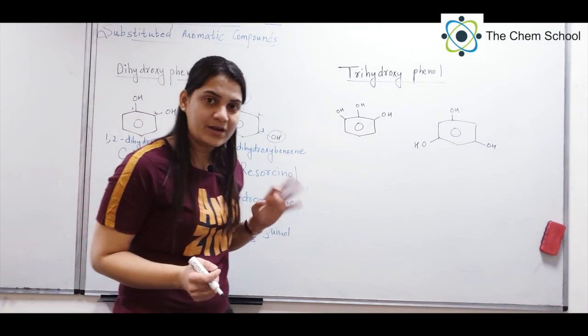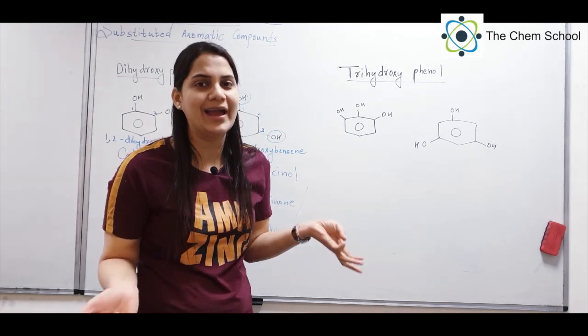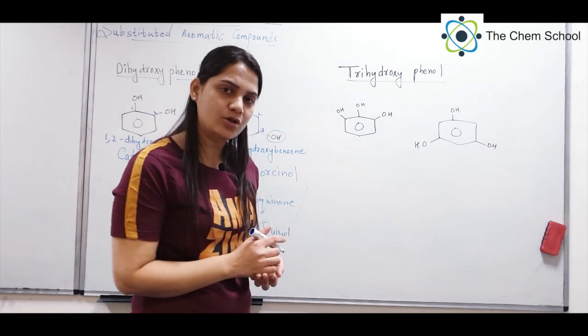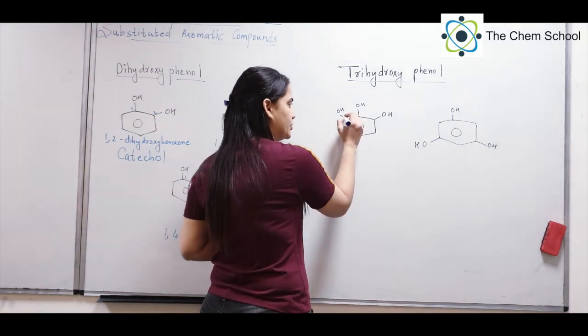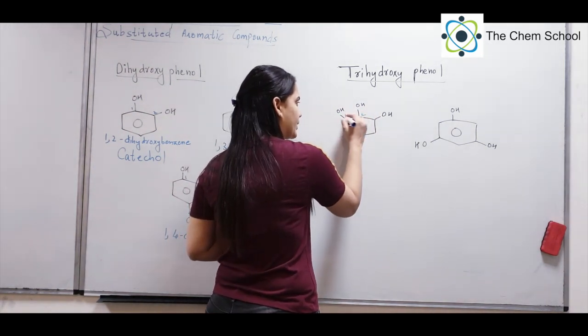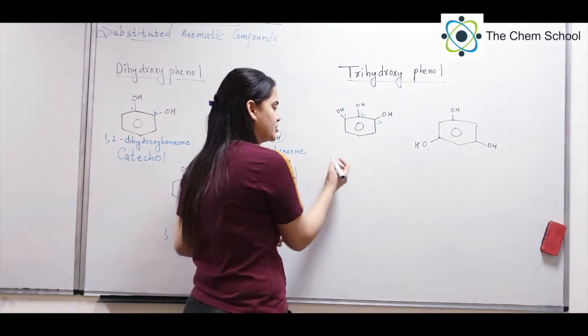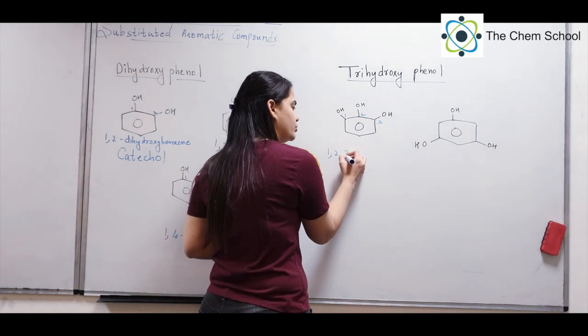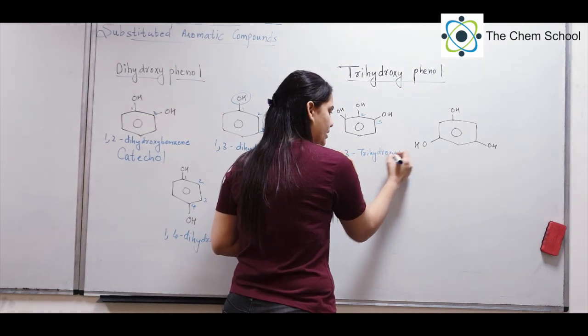Have a look at the next one, trihydroxyphenol. So if you have benzene with 3 OH groups, they are called trihydroxyphenols. In trihydroxyphenol, have a look at the first one. If I give this numbering 1, this is going to be 2 and this is going to be 3. So numbering-wise, it is called 1,2,3-trihydroxyphenol.